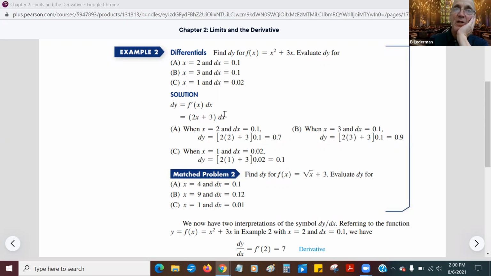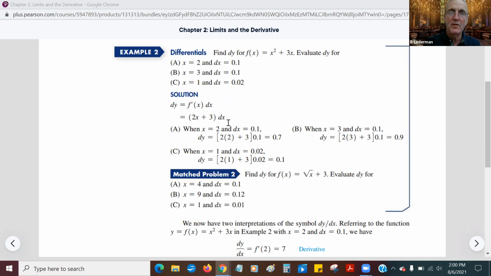So that's in parentheses times dx, and dx is equal to 0.1. So when x is equal to 2 and dx is equal to 0.1, you just plug in 2 for x and 0.1 for dx, and you get 0.7.